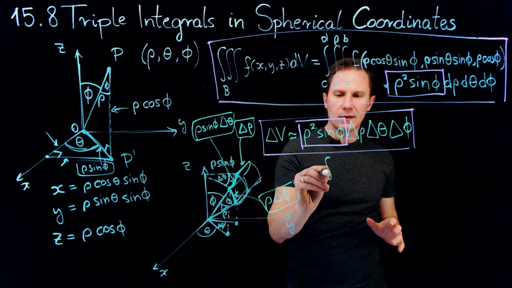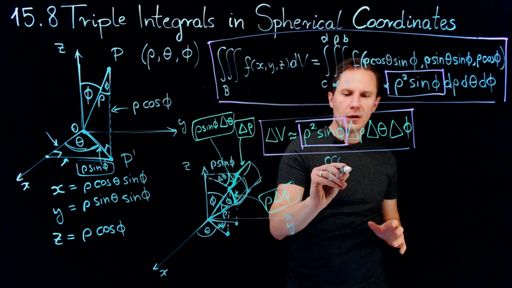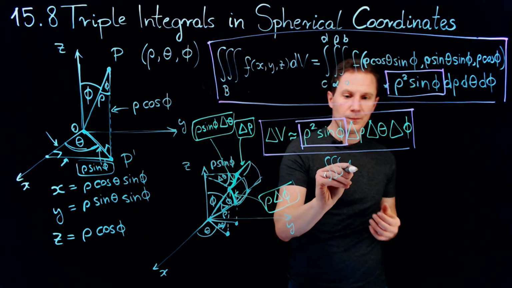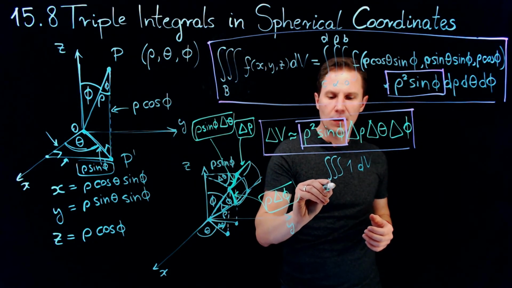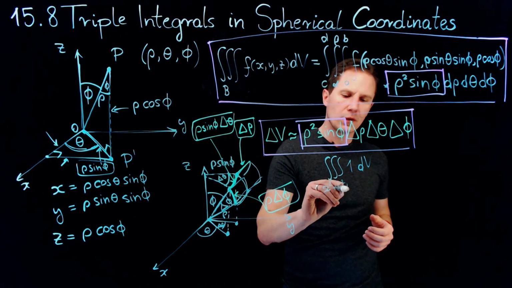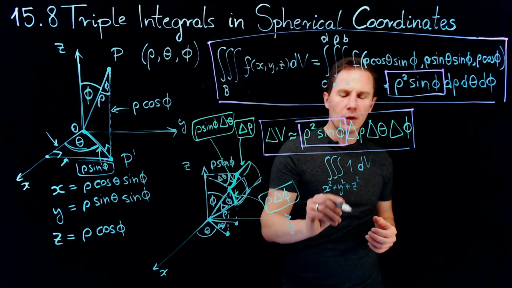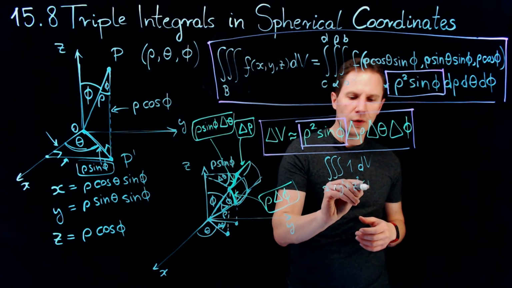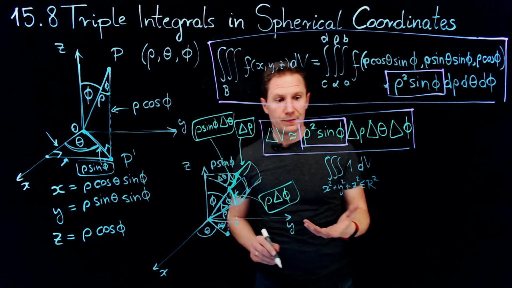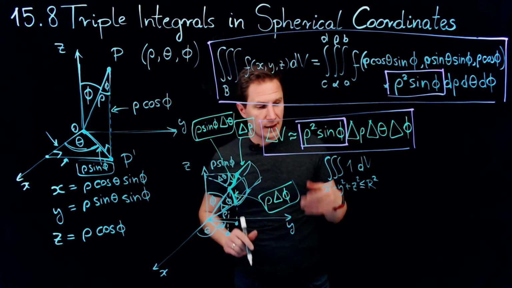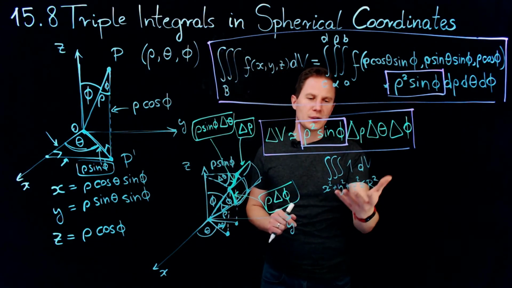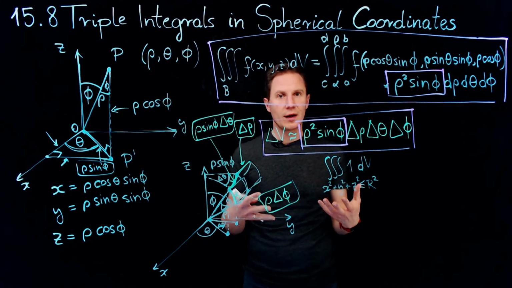Let's evaluate the triple integral of the constant function 1 over the unit ball. Sorry, not the unit ball, but the ball centered at the origin and of radius r, whose inequality is given there. x squared plus y squared plus z squared is less than or equal to r squared.